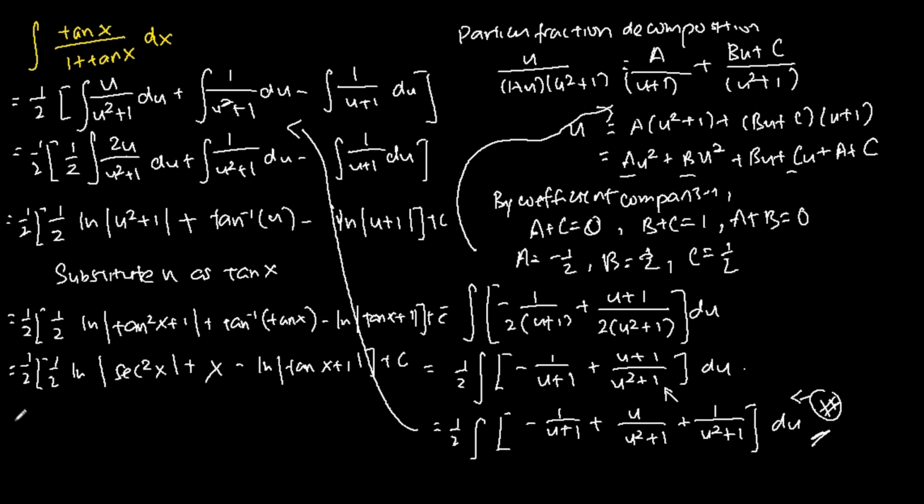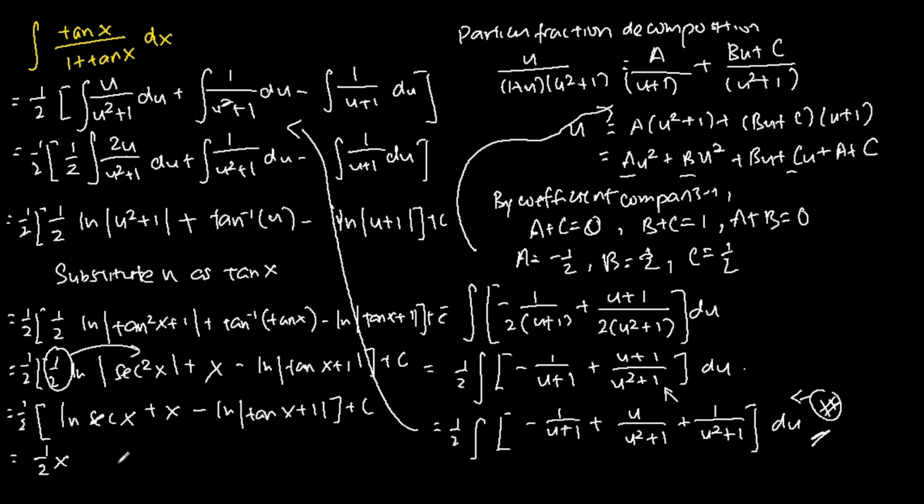Alright, from here, the first term, we can bring this half up, so we multiply the power. In the end, we get ln of secant x, plus x, subtracting away ln of the absolute value of tangent x plus 1, plus C. Then we combine the lns together.